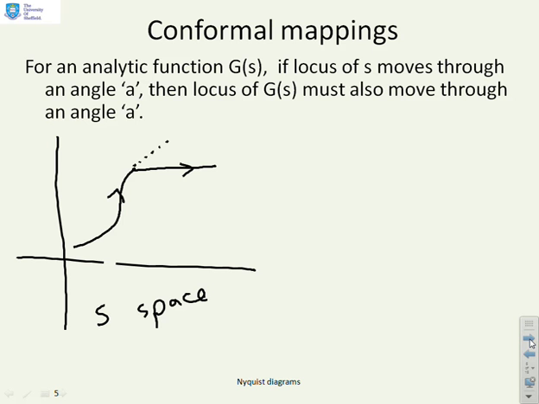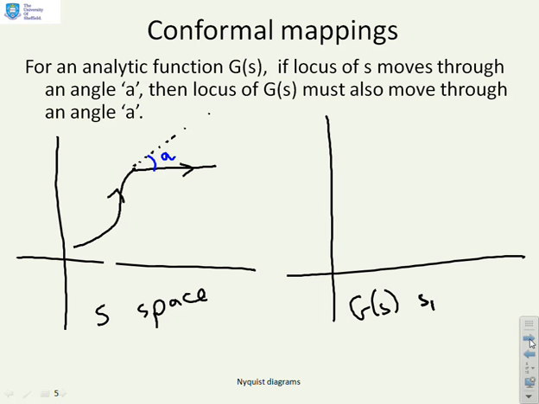You can imagine if I'd continued along, I'd have followed that dotted line, but now I'm going to suddenly turn abruptly to the right, to an angle A. Now what we want to do is imagine what happens in G(s) space. We're following a different sort of curve, but the interesting thing is the mapping in the G(s) curve will also turn abruptly at the same point.